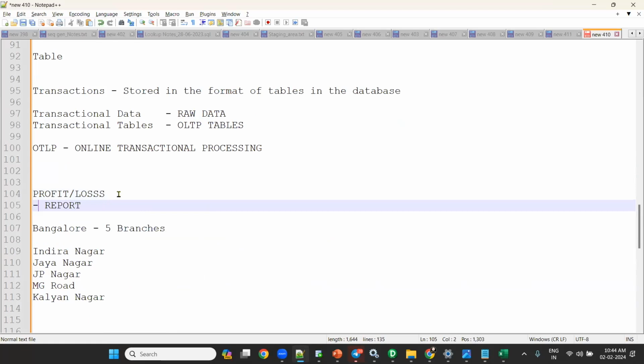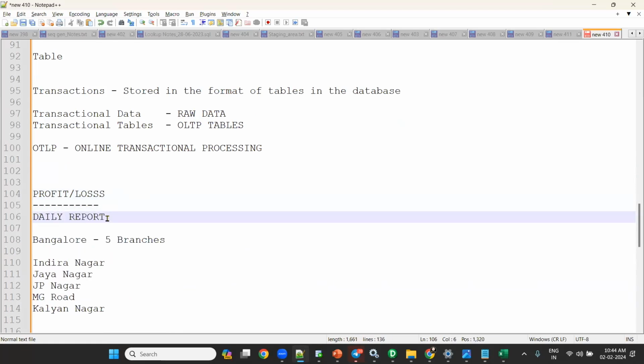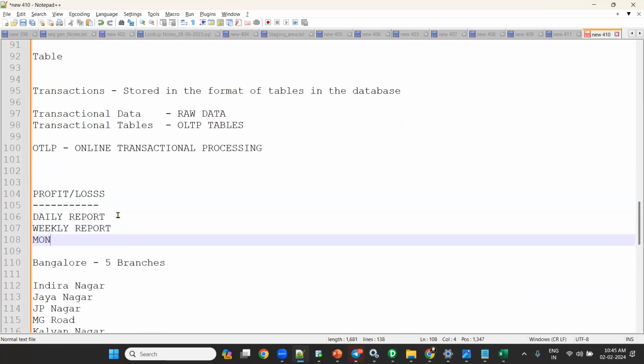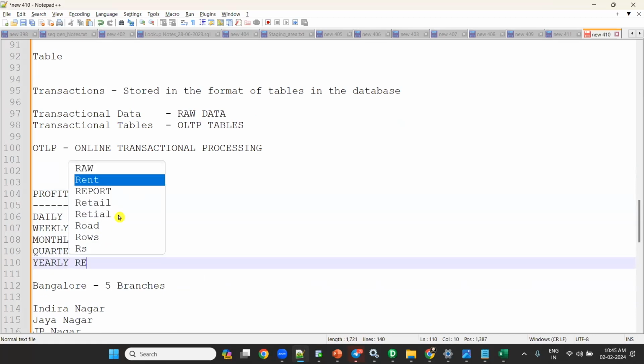I want a daily report, a weekly report, a monthly report, a quarterly report, a yearly report. Who wants this? The Big Bazaar owner, a business owner wants it.